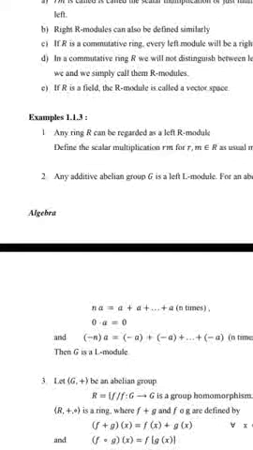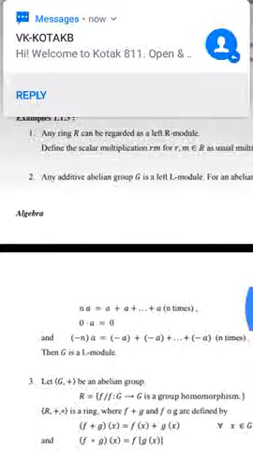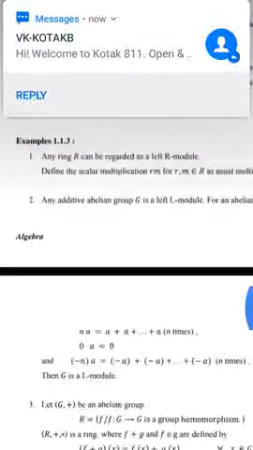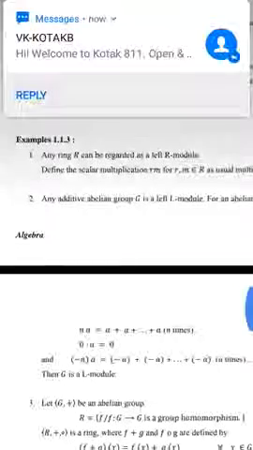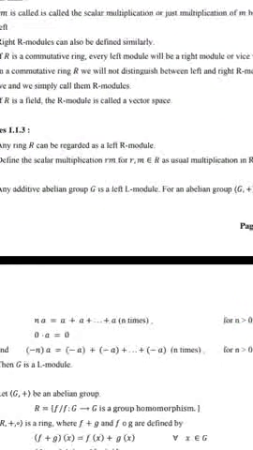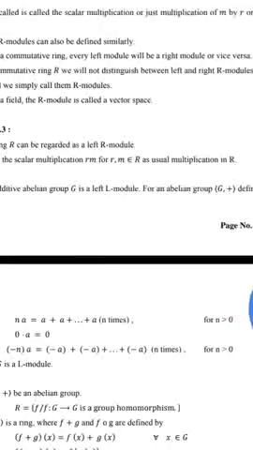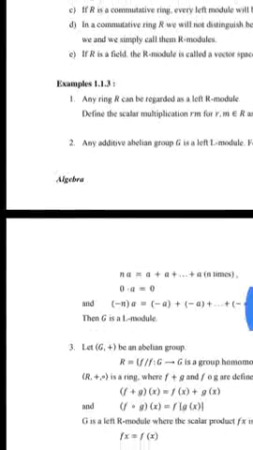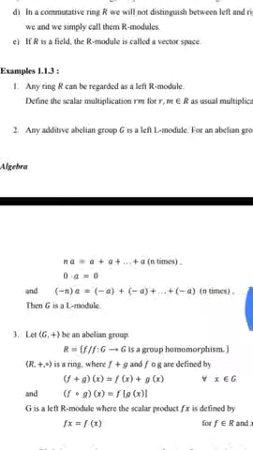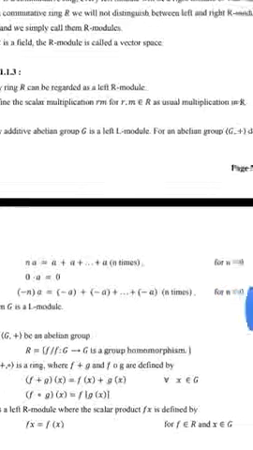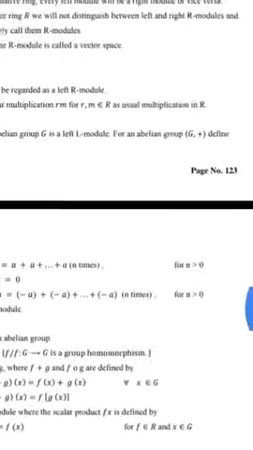Examples are given. Any ring R can be regarded as a left R module. Define the scalar multiplication rm, for r, m belonging to R, as the usual multiplication in R. Any additive abelian group G is a left Z module.